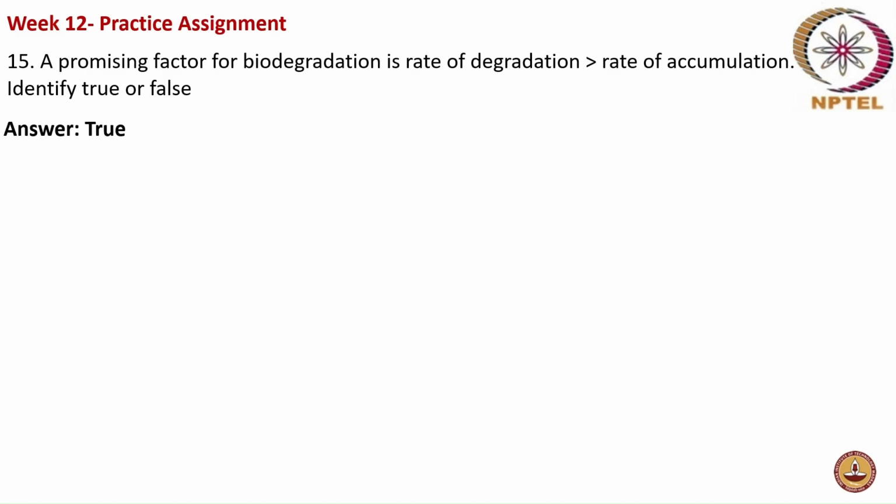It's actually true. Since the rate of degradation is more than the rate of accumulation. As the used waste polymer gets accumulated, but at a certain rate, the rate of degradation of already accumulated polymer is much more than the rate it is getting accumulated in the environment.